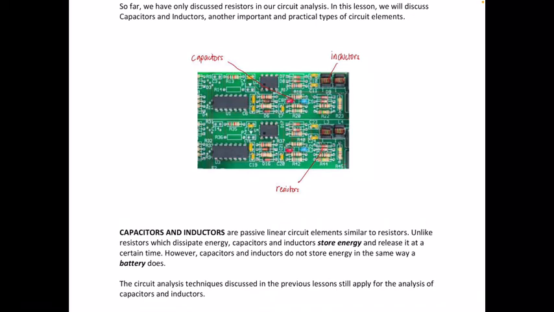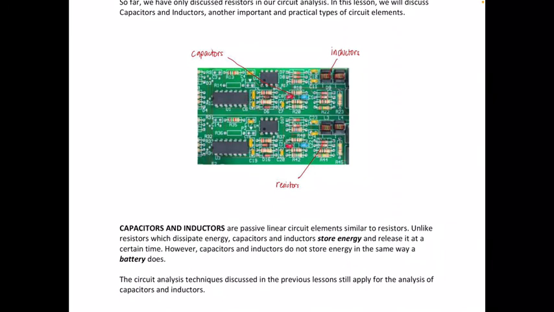Some capacitors and inductors would be actuated to release the stored energy. But even though they store energy, capacitors and inductors do not store this energy in the same way a battery does. A battery is an electrochemical component. Capacitors and inductors have very simplified circuitry inside, not really electrochemical in nature.